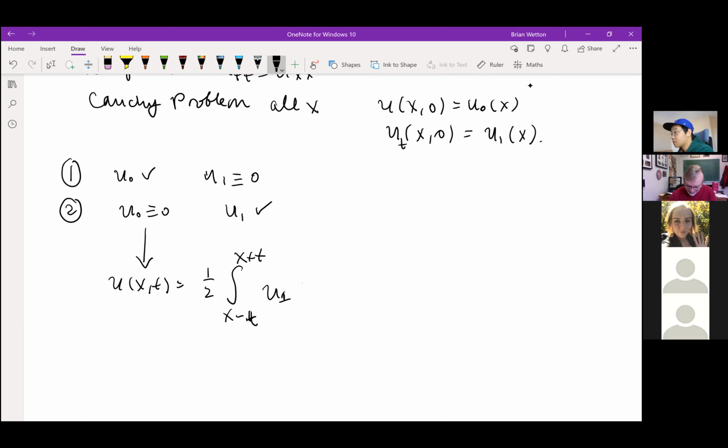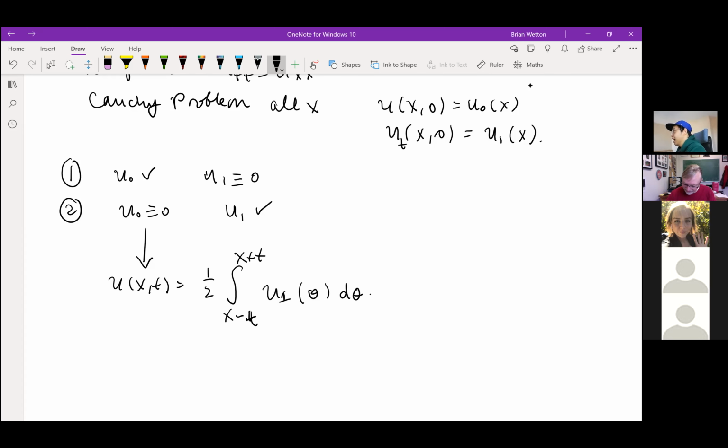So in the notes I've got theta. Okay, if you don't like theta, you can put something else there. We're going to have s as a dummy variable when we're integrating in time later on, so that's why I didn't want to use it here.